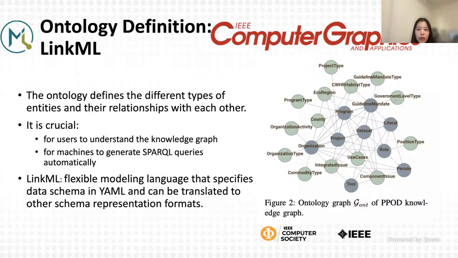Ontology definition can simplify the process of data retrieval. To structure and define this component, we use LinkML, which is a flexible modeling language. It allows us to specify the data schema in YAML format, which can be easily converted into other formats. As a result, we can ensure adaptability across different schema representations.